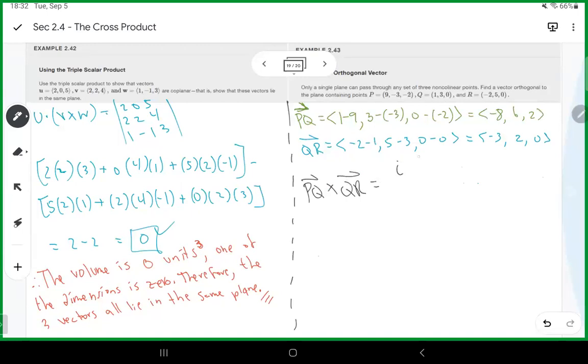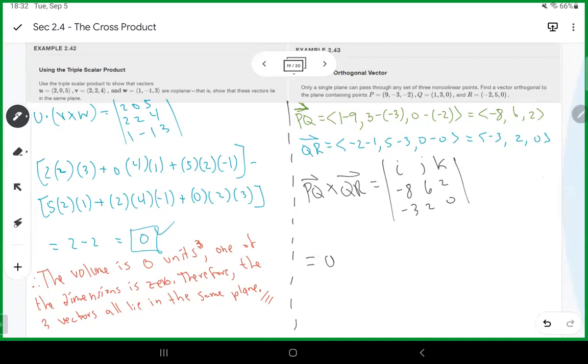It's going to be I, J, K, and then -8, 6, 2, -3, 2, 0. All right, and again, I don't have room to pull anything out, and I'm not going to take the time. You can work it out the long way if you need to.